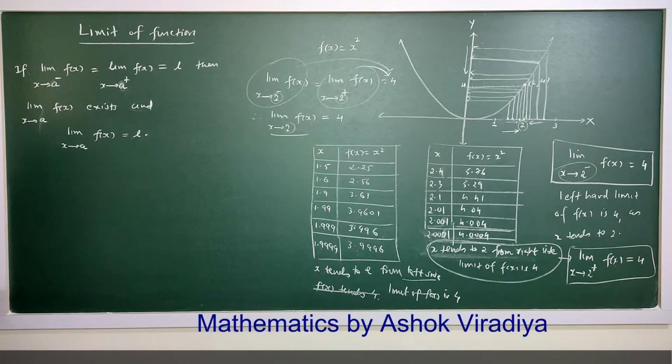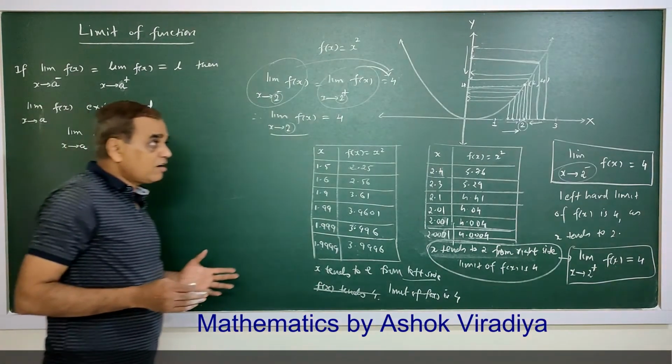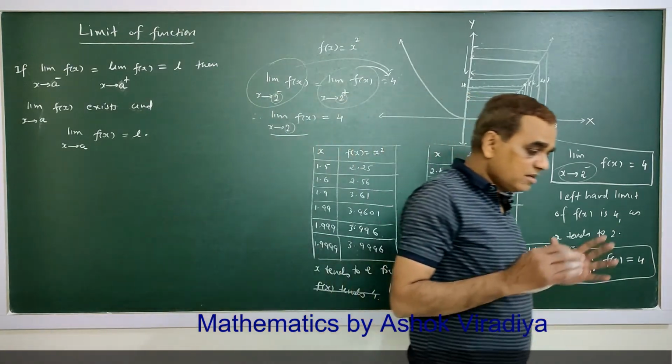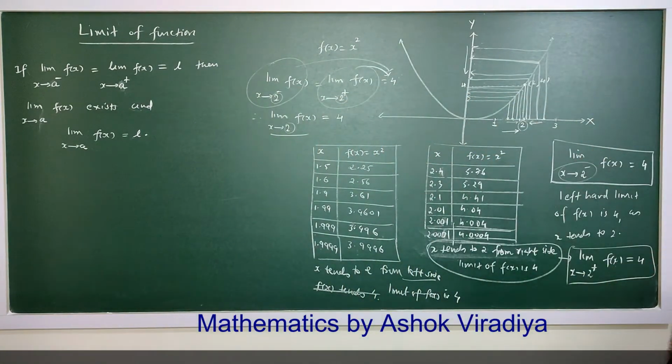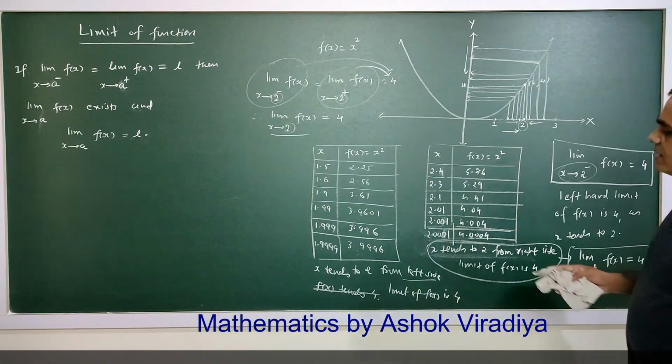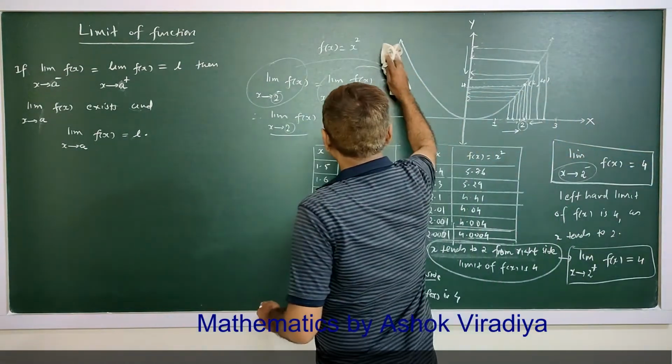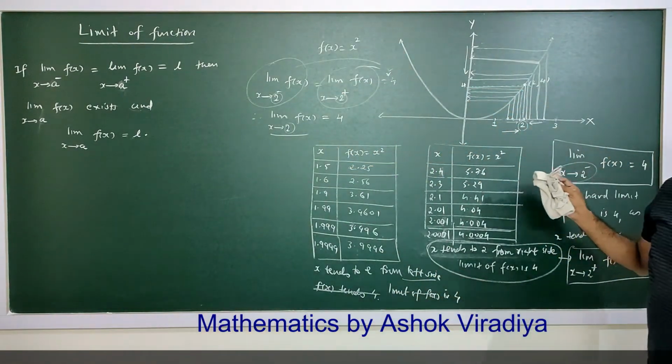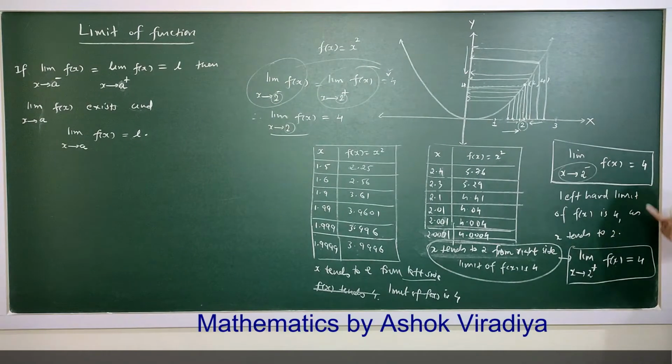Now, when we say limit does not exist, suppose sometimes what happens, there are many functions in which if you find left hand limit and right hand limit, sometimes you find they are not equal. Suppose here value is 4 and here value is 5, this is 5, this is 4, that means not equal.